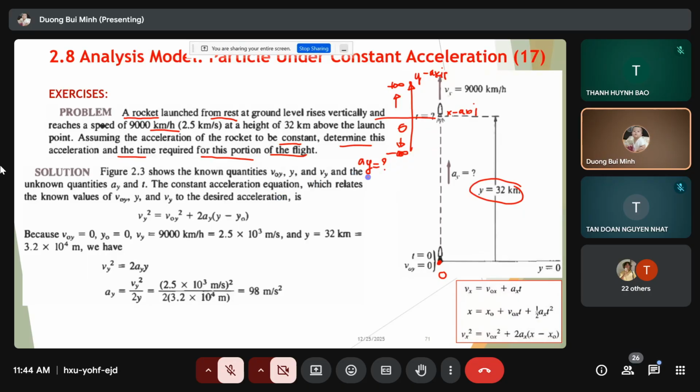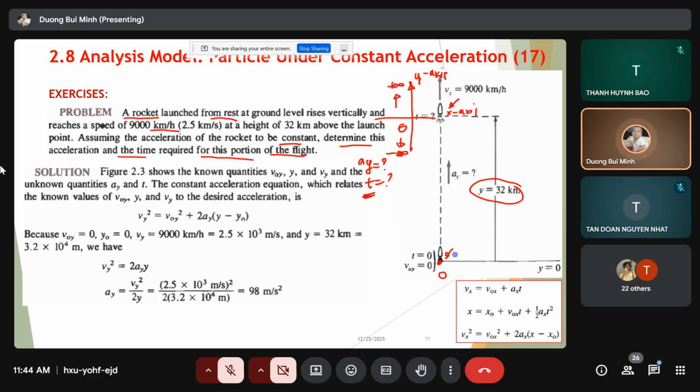We need to calculate how long it takes to get to this position. But we know the distance from here to here.